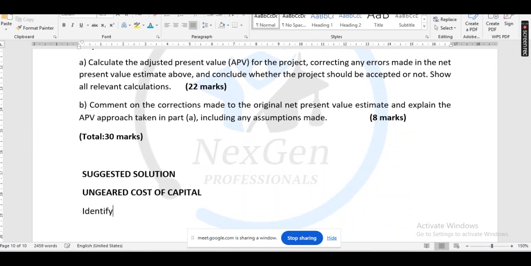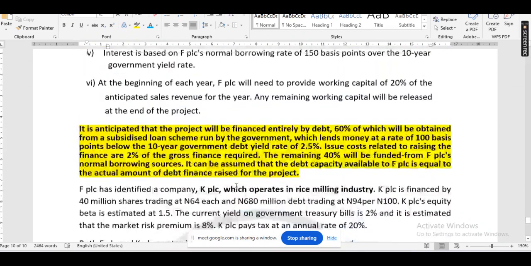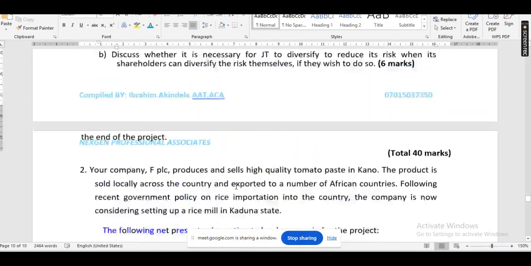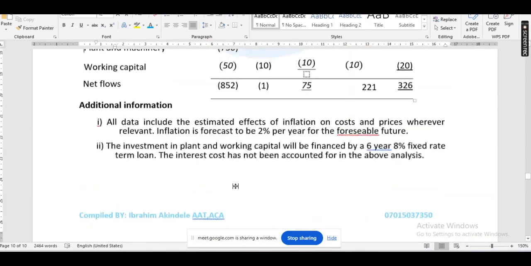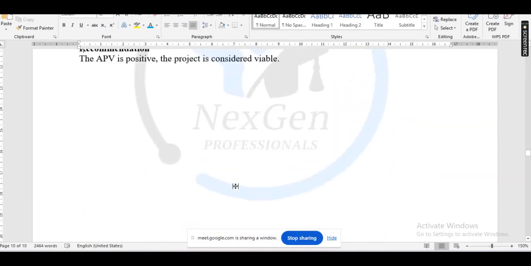Identify the proxy company, right? Which is what? KPLC, right? Now the next step is to calculate asset beta. Let me quickly copy this format.